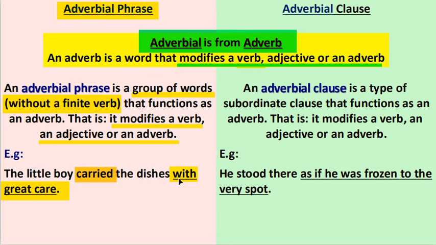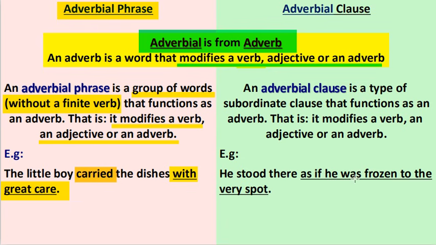With is a preposition, great is an adjective, care is a noun. So there is no verb. There is no finite verb. So that is why we call it a phrase. Hence, the grammatical name is adverbial phrase, and the function is it modifies the verb carried. It modifies the verb carried because that is what it describes.